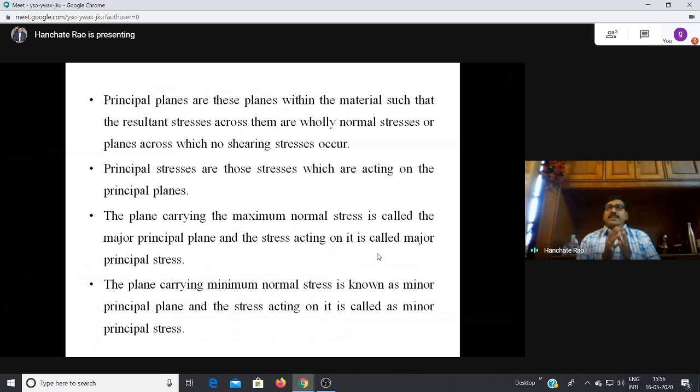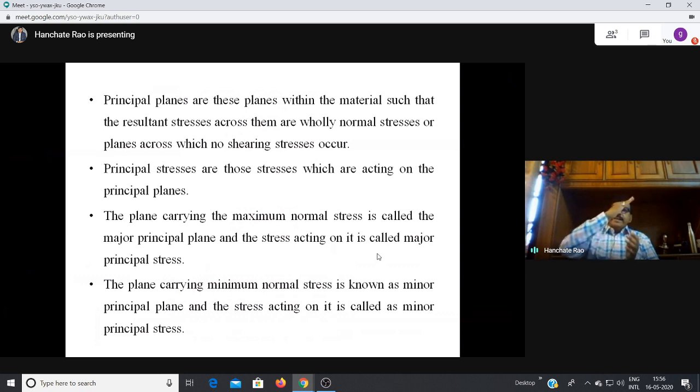If you consider a 3-dimensional body, any plane inclined within the body will be subjected to 2 stresses. One stress is normal to the plane and the other stress is tangential to the plane. This tangential stress is also called the shear stress.